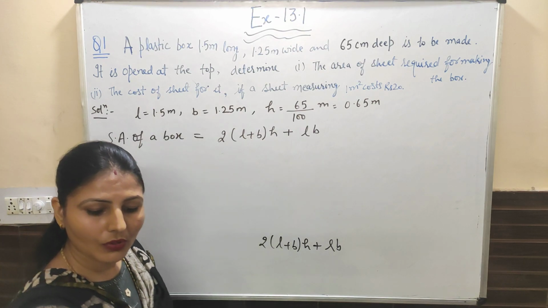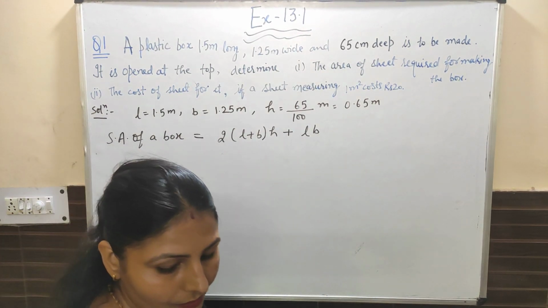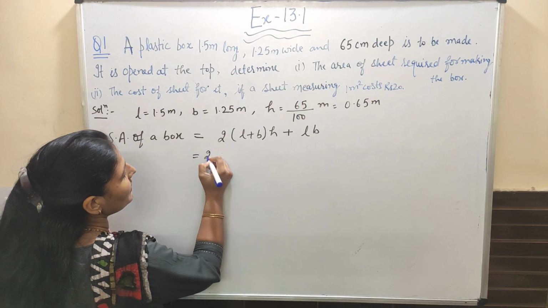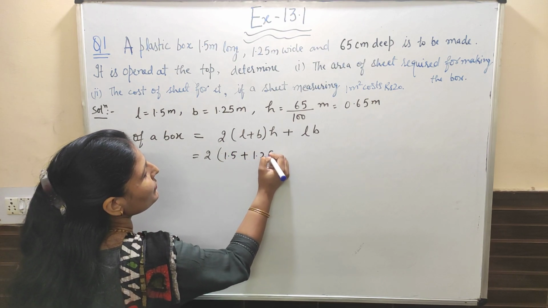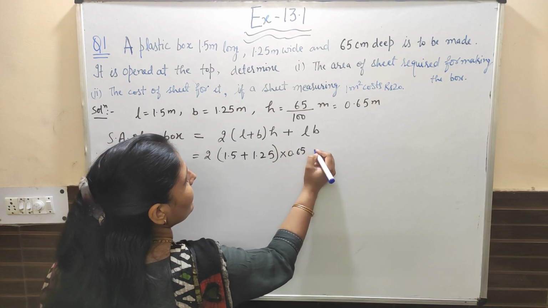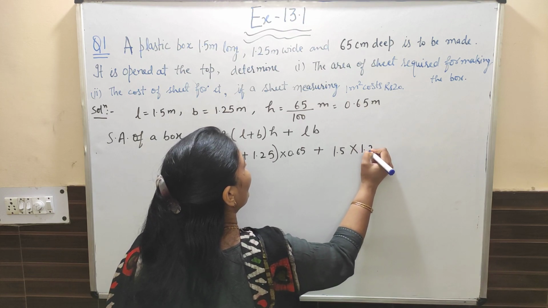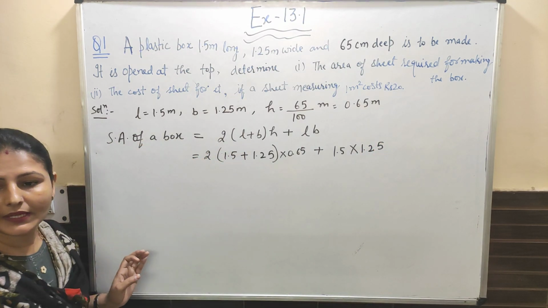Now we have to put all the values here, L, B and H, and then we will solve it. 2 into (L is 1.5, B is 1.25) and height is 0.65, plus L 1.5 into 1.25. Okay, now multiply them.